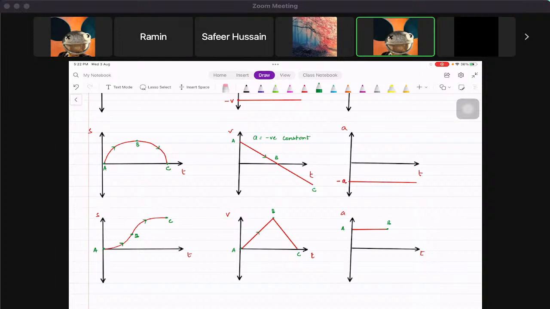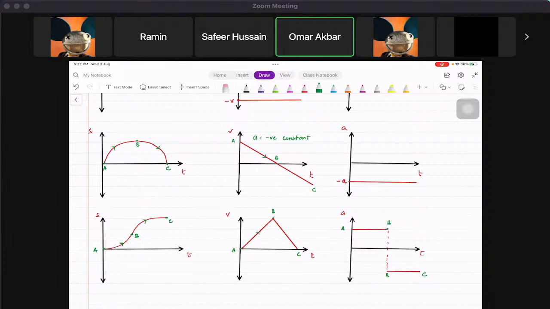So now we've got to shift this line on the negative side, and we're just gonna make a dotted line just to show that this has been shifted. So this would be C. Is it clear, everybody? Yes, sir. Good.